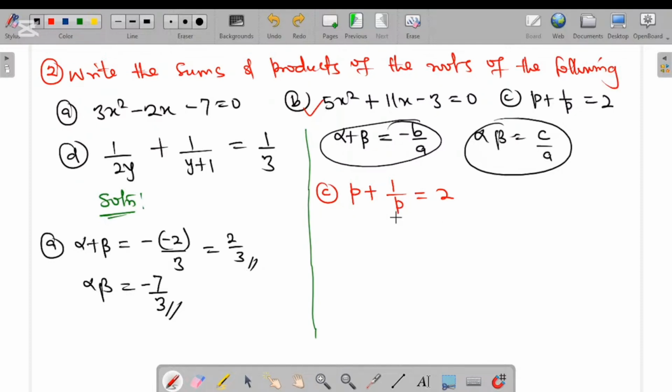If I multiply here by p, I will get p squared. If I multiply here by p, p will cancel p, so I'll have only 1. If I multiply here by p, I will get 2p. Those of you that would love to take the LCM, you still get the same thing. So if you now bring this 2p to this side, you will get p squared minus 2p plus 1 equal to 0.